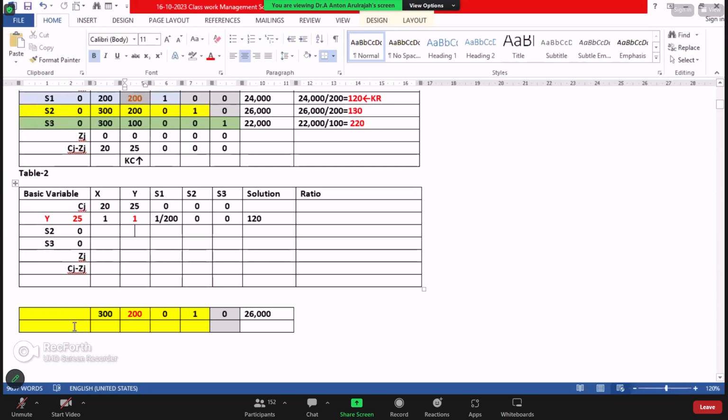Say for example, here 1 is there, and this 1 has to be multiplied by 200. We have to write that here and subtract it. Similarly, in all the rows, we have to do the same treatment.